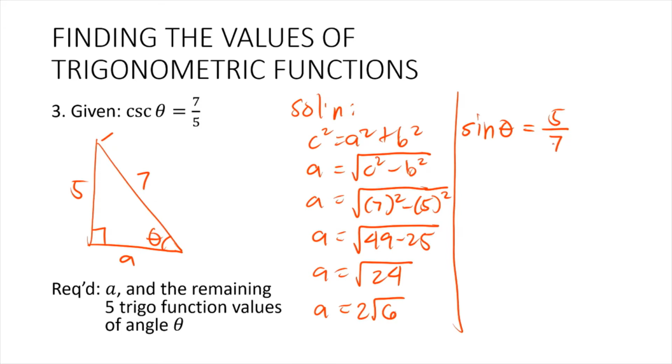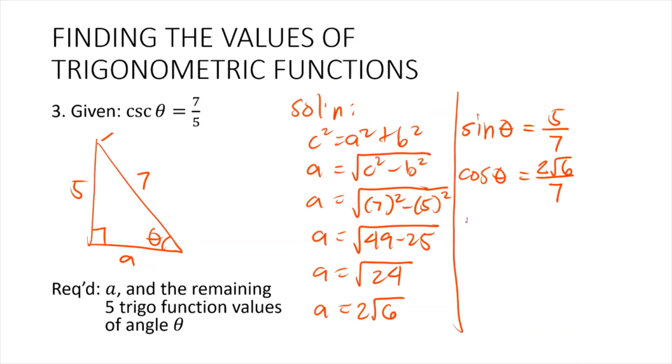Cosine of angle theta is adjacent over hypotenuse. So adjacent in this case is A, where A is 2 square root of 6. So plug in 2 square root of 6 divided by the hypotenuse, which is 7. So cosine of angle theta is 2 square root of 6 over 7.